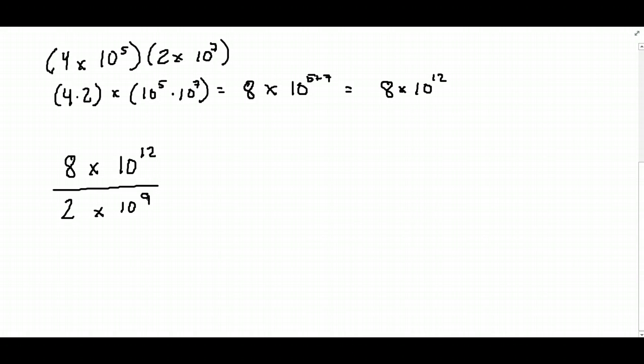We basically divide our coefficients, our constants, 8 divided by 2, which gives us 4. And now we have 10 to the 12th on the numerator and 10 to the 9th on the denominator. So you have 10 to the 12th minus 9. So now we have 4 times 10 raised to the 12th minus 9, which is 3. So that's 10 to the third power.